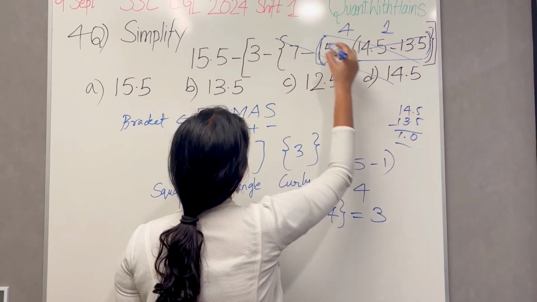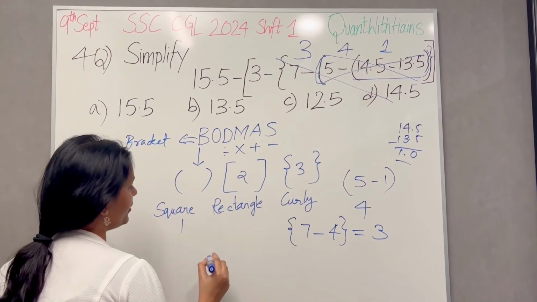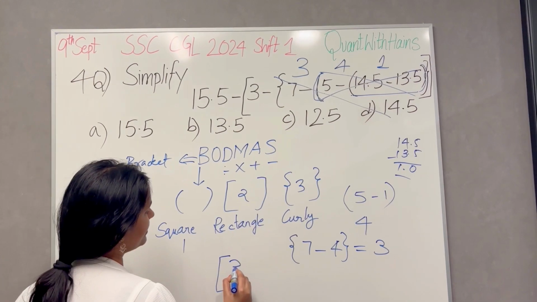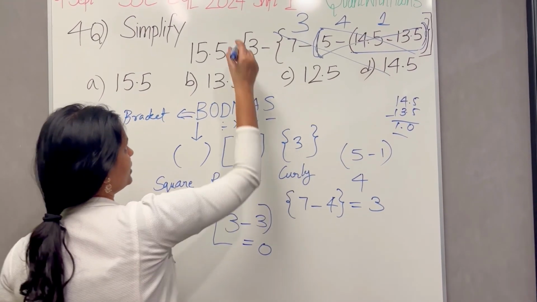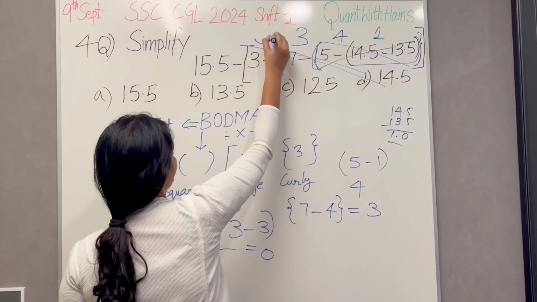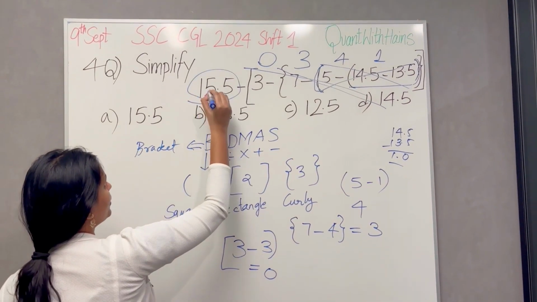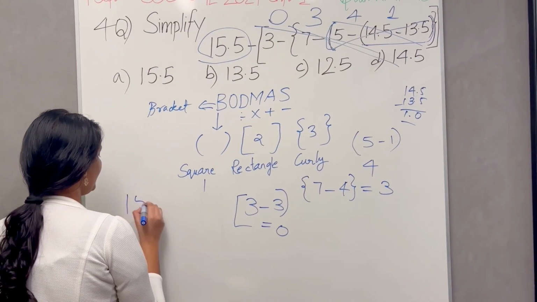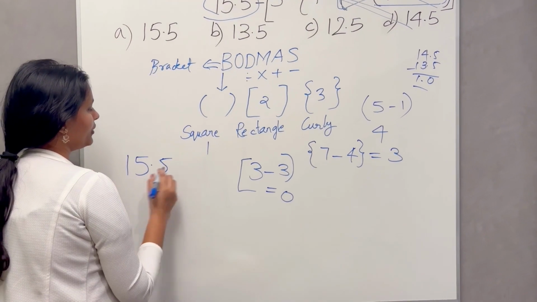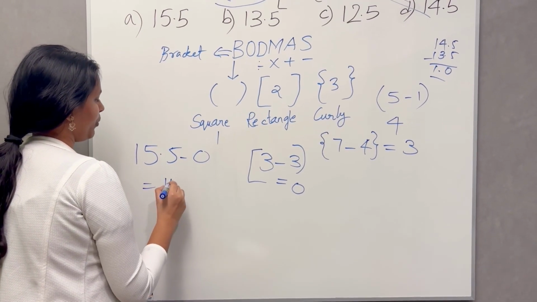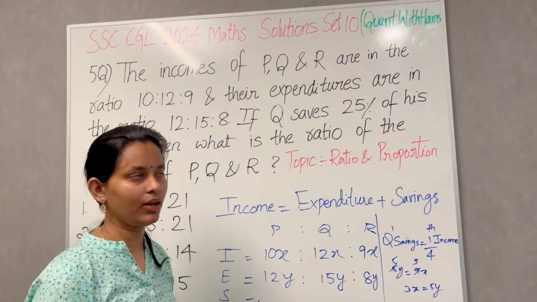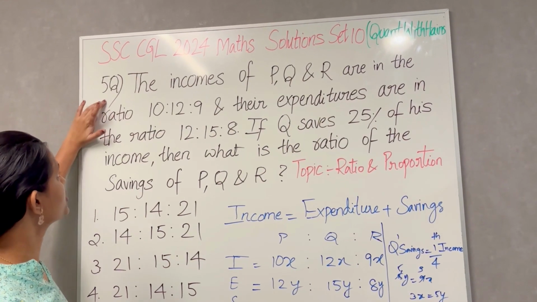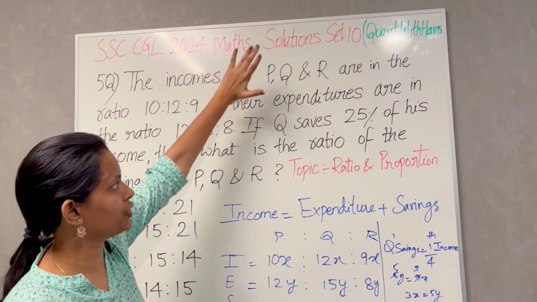This whole value is 3. Now we are left with the rectangle bracket, 3 minus 3, that is 0. So this whole value is 0. We are left with only 15.5. Obviously, 15.5 minus 0 is 15.5. That is option A.